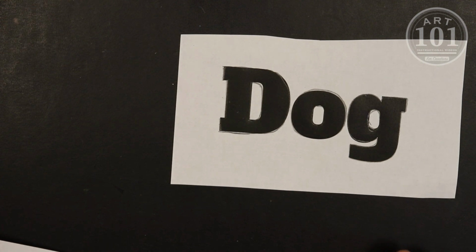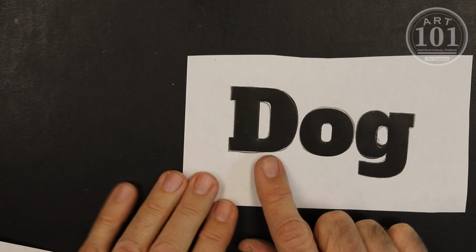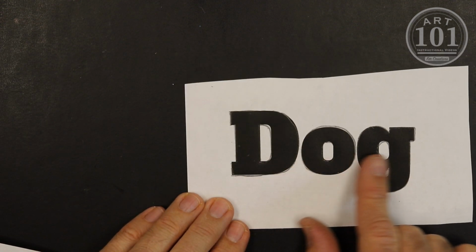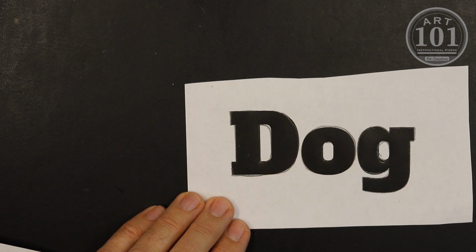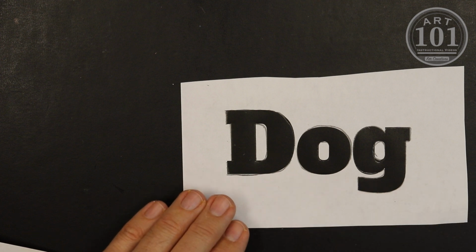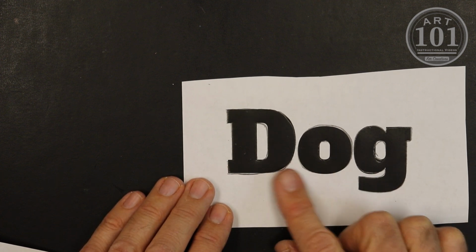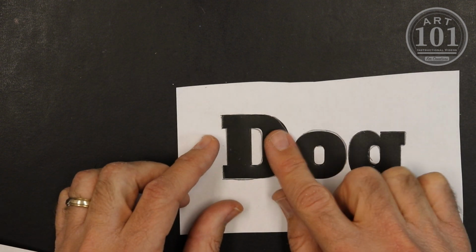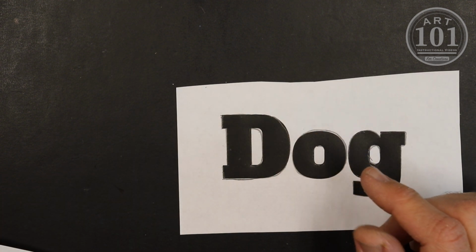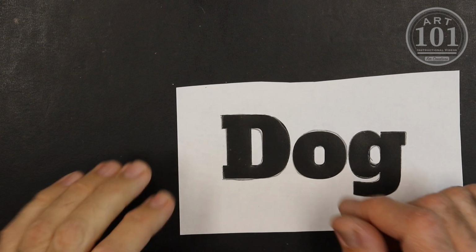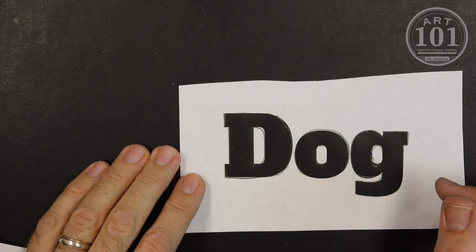If you have access to a printer, this is something you can do that's interesting. Maybe you don't feel comfortable. Maybe you're at a point where you have a hard time creating the letters, and that will come with practice. But if you have access to a printer and a word processor, you can type something out like this word dog, and you can make it larger and pick your font, which is the type of lettering that you want.